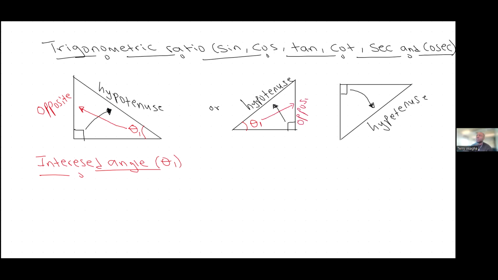So in this example, this is theta 1. The side directly opposite the angle is what? The opposite. Is this making sense?